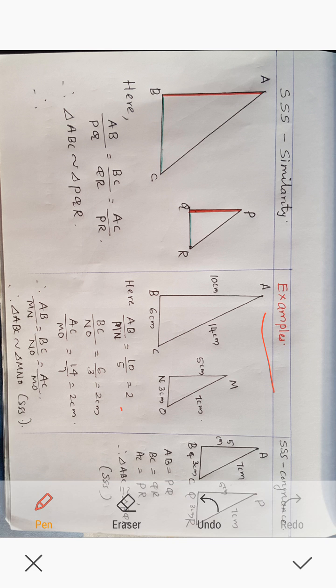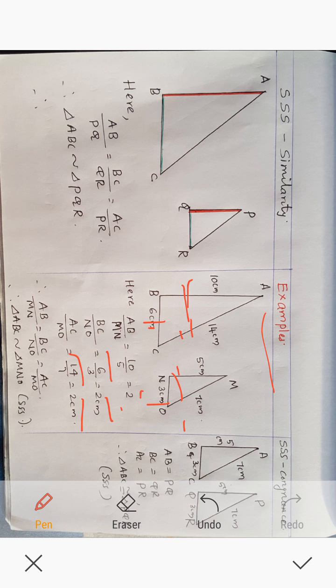Here triangle ABC, triangle MNO. AB equal to 10, BC 6, AC 14, MN 5, NO 3, MO 7 centimeters each. And see the ratio. AB by MN is 10 by 5 equal to 2. BC by NO equal to 6 by 3 equal to 2.